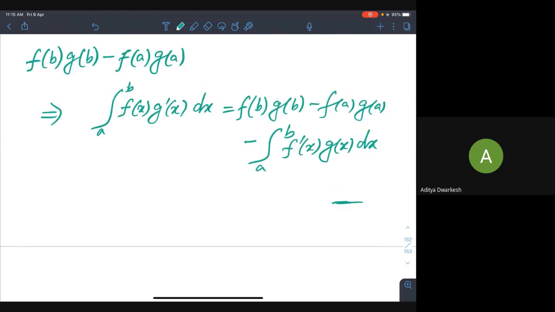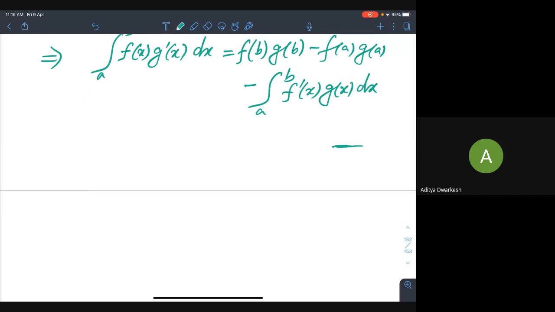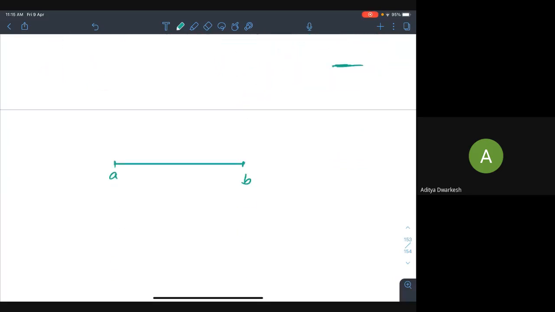Now the point is, this can be generalized very much, and you will see this later. Suppose this is a and this is b. If a function vanishes at the endpoints, then both boundary terms vanish. Suppose one function is like a bump function.